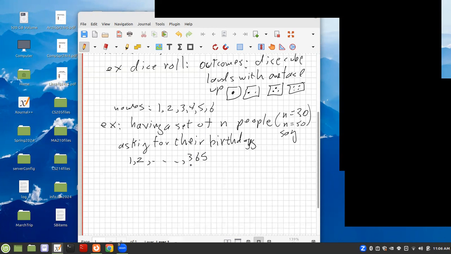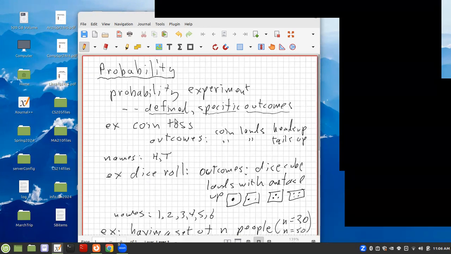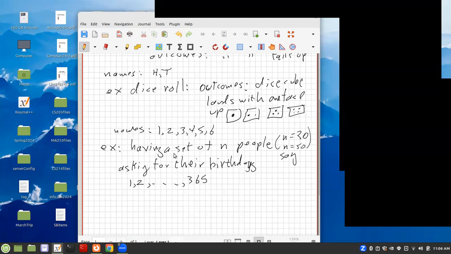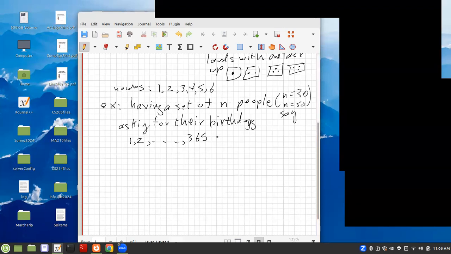They know that their birthday is certain, but you don't know what it is. So there's uncertainty in terms of knowledge. Sometimes the uncertainty that probability deals with is intrinsic, like a coin toss or a dice roll, or it's just a lack of knowledge. This is a lack of information uncertainty.